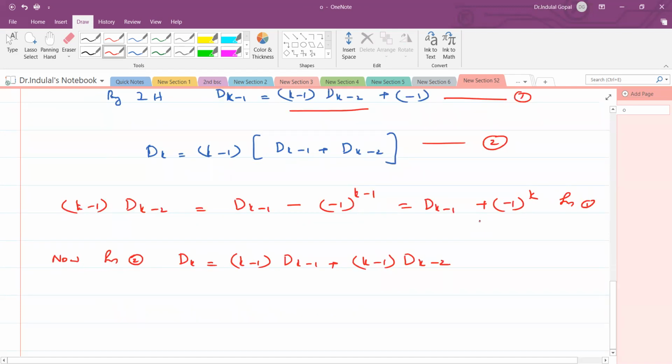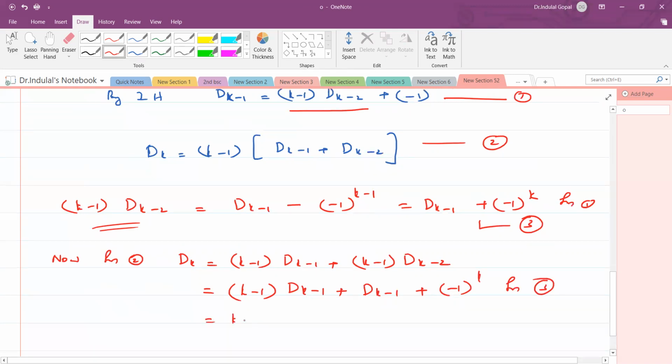And we have from 3, k minus 1 Dk minus 2 is equal to Dk minus 1 plus minus 1 raised to k. So we get k minus 1 Dk minus 1 plus 1 Dk minus 1, so this is k Dk minus 1 plus minus 1 raised to k. Therefore, the result is true for n equal to k. Therefore, by mathematical induction, the result follows.